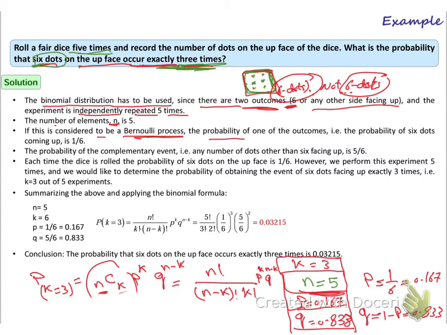N equals 5, so 5 factorial. N minus K, K is 3 and N is 5, so 2 factorial. K, 3 factorial.